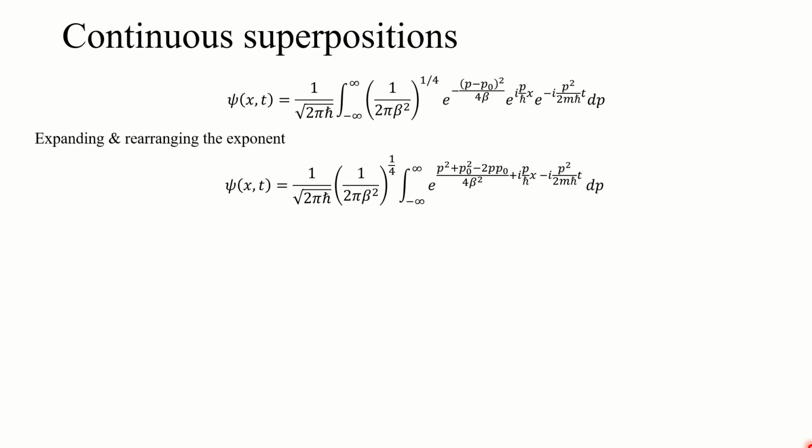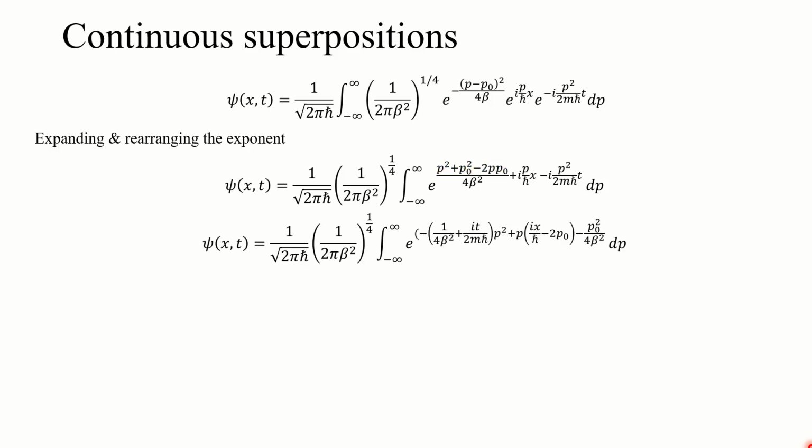If we just do some math on that, we expand that exponent, that p minus p naught squared term, we get that. We can bring all those exponents together. Do some rearranging, take all the terms with a p squared in them, all the terms with a p in them, all the terms without any p in them, and sort of factor them out. We get it in this form.